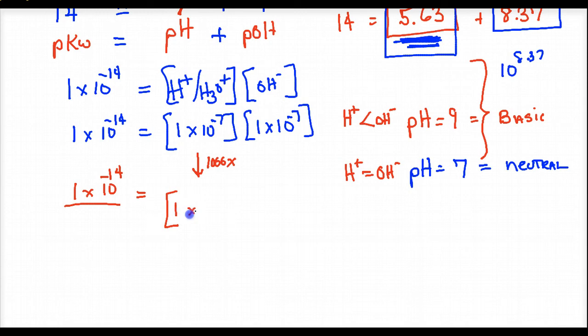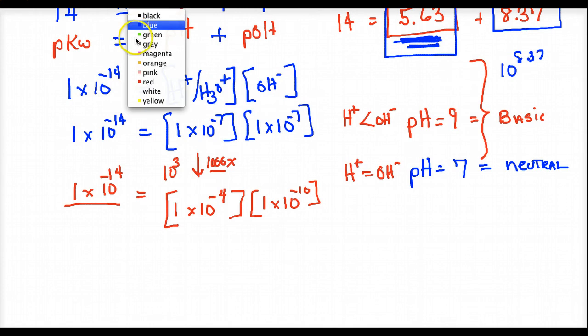You'd say 1 times 10 to the negative what? 4. Now why 4? 7 and 4 differ by 3. Well, 10 to the 3 is 1,000. So this got bigger by 1,000. What must be the hydroxide? 1 times 10 to the negative 10. It got smaller by 1,000.